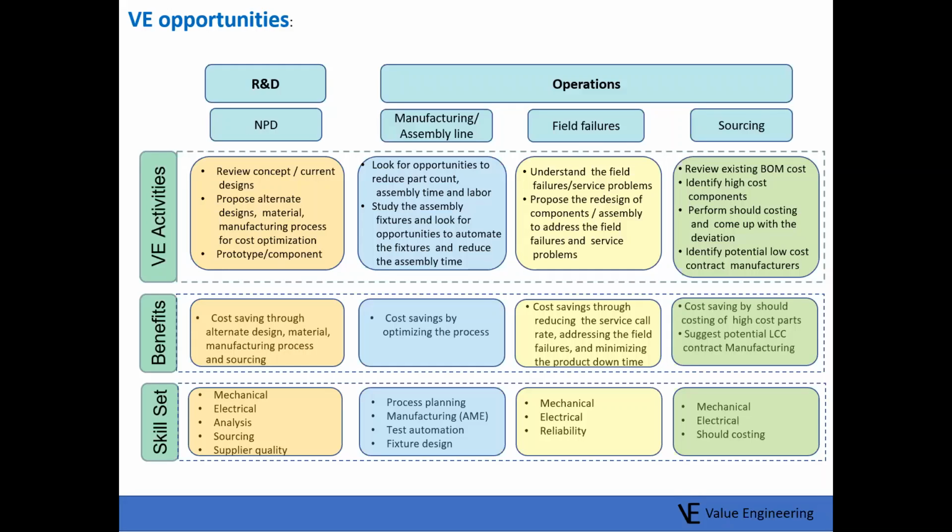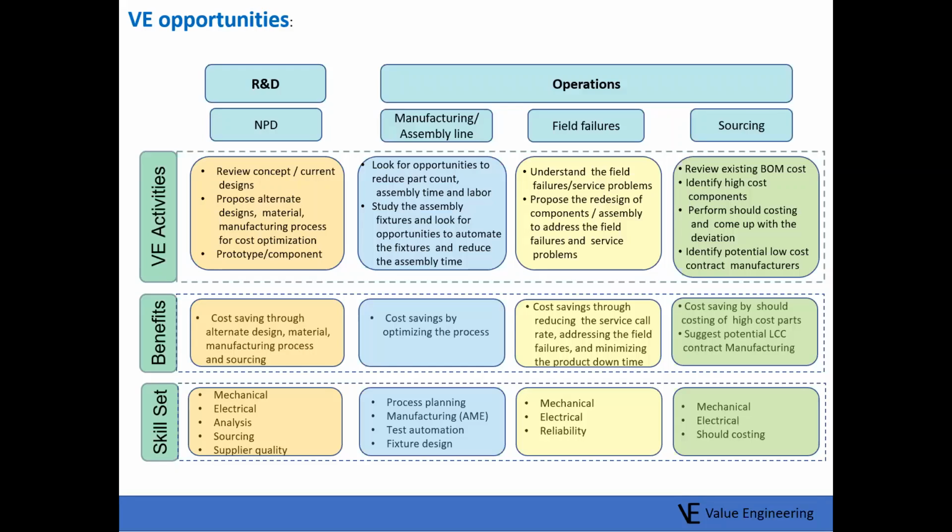And sourcing. Here, as I told earlier, it's smart sourcing, and sourcing in low cost countries. So you need to study the bill of material and see which are the high cost components, and how you can source them smartly, going to the low cost countries and reducing the cost.